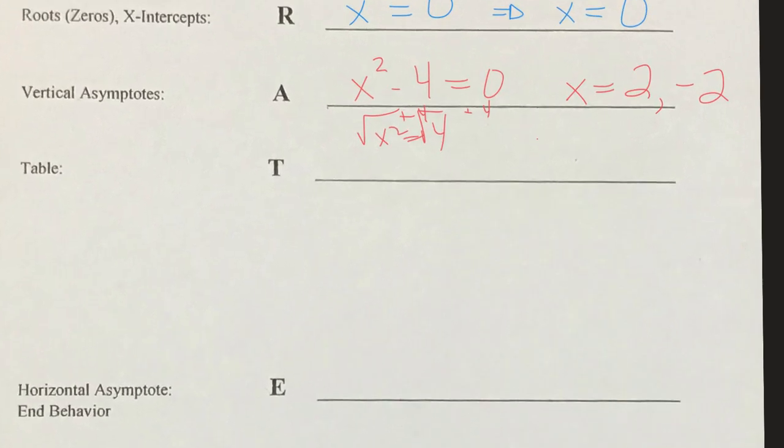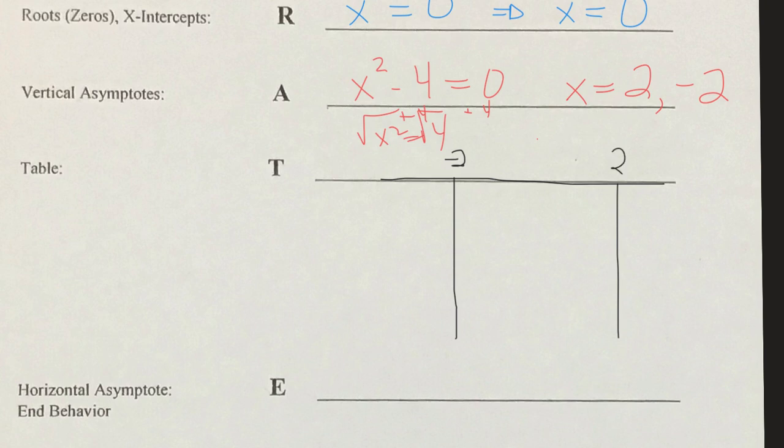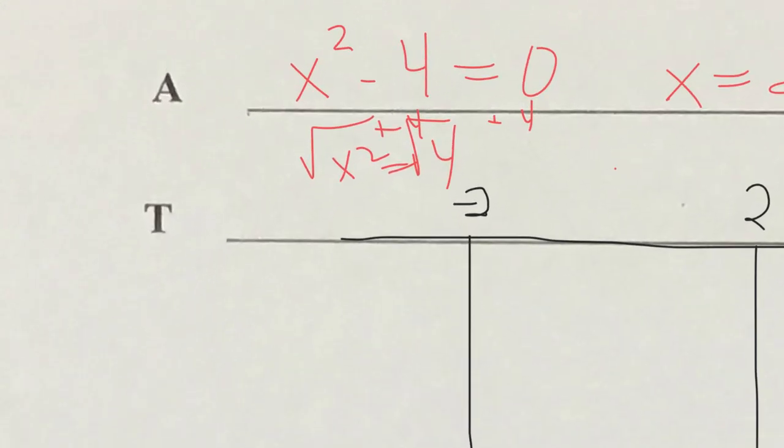And now comes the tedious part, making our table. Okay, so our table consists of what's going on around the number negative 2 and what's happening around the number positive 2. So we plug in some values. Okay, so we're going to use negative 2.1, and that's green. I don't know how well you can see that. Let me change green to purple.